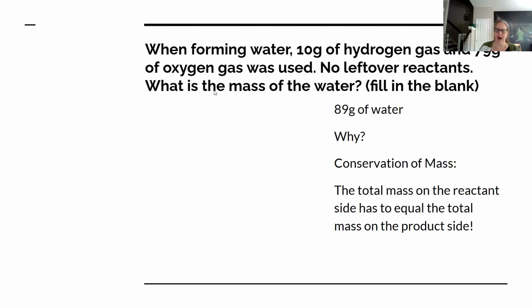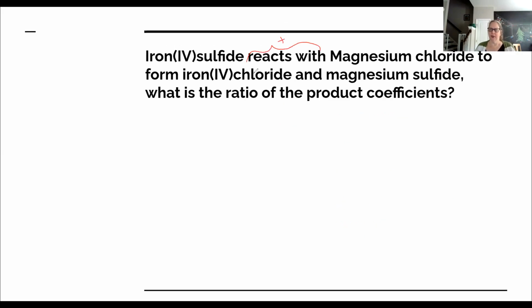Now, sometimes you'll get a higher level question, so always make sure you're reading it carefully for what is going on. So here we have iron(IV) sulfide reacts with. So right now I see that reacts with, and I'm going to put a plus because they're being put together. Iron(IV) sulfide is being put with magnesium chloride. It's being put there. That means those are ingredients. So iron(IV) sulfide is a reactant.